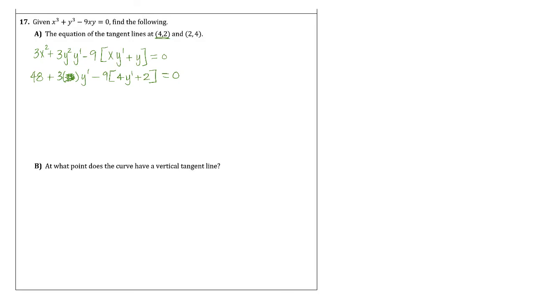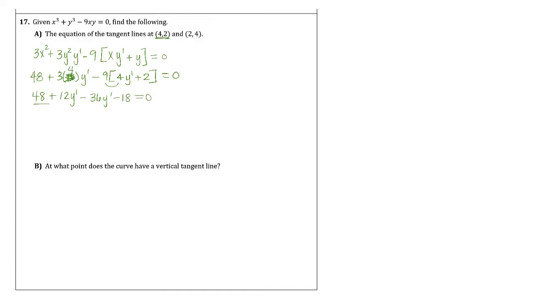Y squared is going to be 4, isn't it? And then minus, and that's going to be 9 y prime. All right, it doesn't look like I've gotten anything else wrong. So we're going to have 48 plus 12y prime minus 9 times 4, 36y prime minus 18 equals 0.